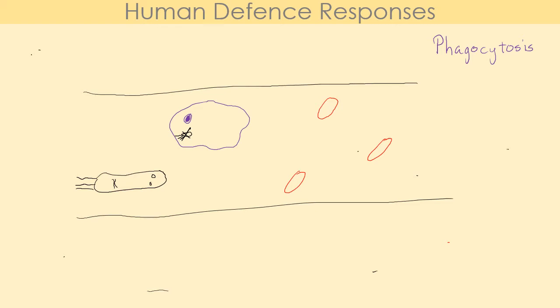We can also produce antitoxins. Antitoxins will counteract the toxins released by the bacterium.